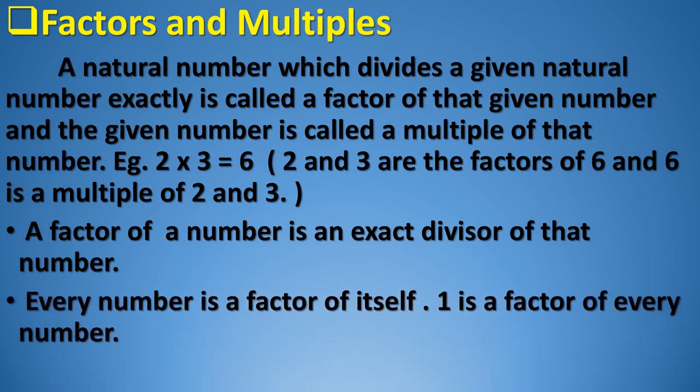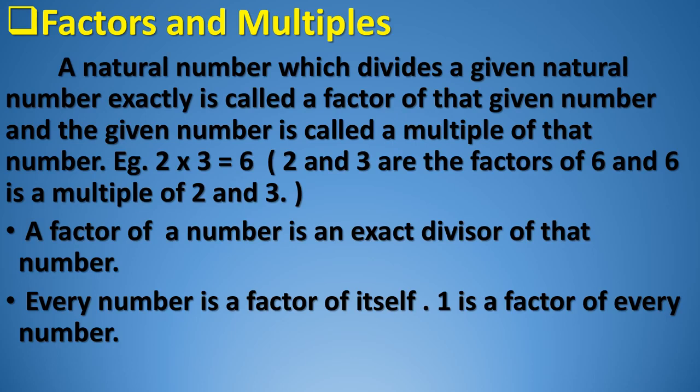Second point is that every number is a factor of itself. Because in every number's table, that number comes. If we are dividing 4 by 4, it is possible.